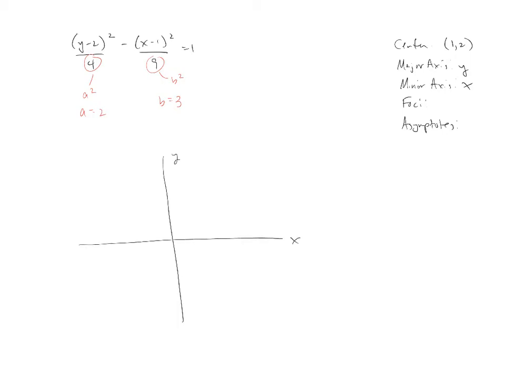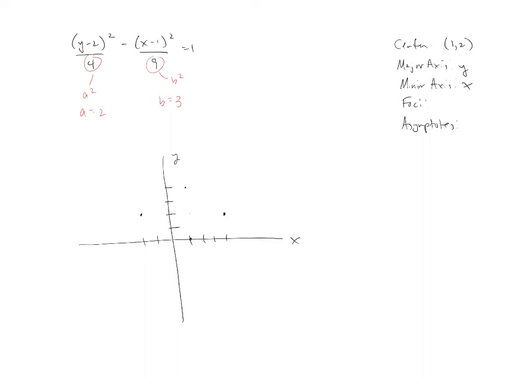Our center is going to be at 1, positive 2, and from the center we're going to move 2 units up and down. So 1, 2, and then 1, 2 puts us back here on the x-axis. From the center we're going to move 3 units right and left. So right there, and 1, 2, 3 puts us right there.